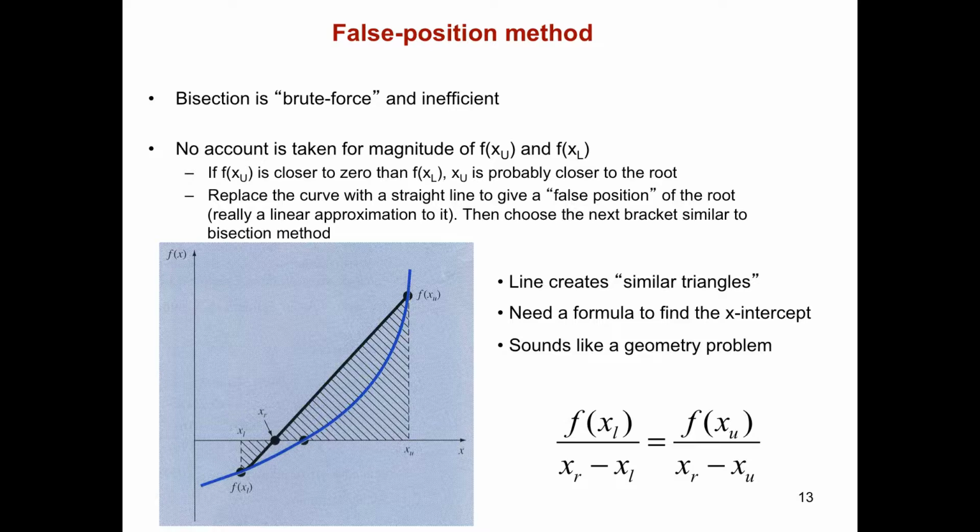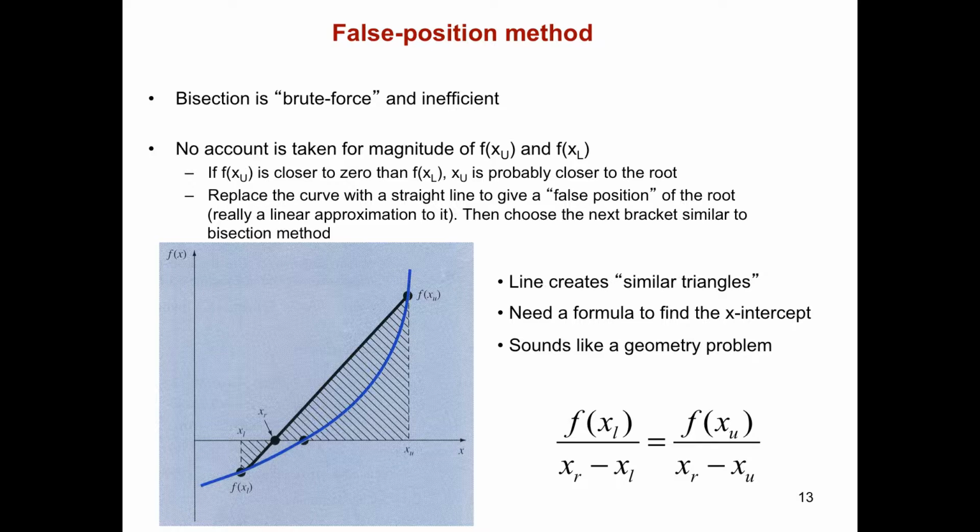So this is a geometric consideration to find where this xr is, and by this triangle and this triangle being similar, okay, these are two similar triangles, essentially you will find that f of xl, which is this line here, actually negative this line in this case, divided by xr minus xl, so this divided by this, should be the same as this divided by negative this in this case, because I already multiplied by negative 1, and this gives you this relationship.